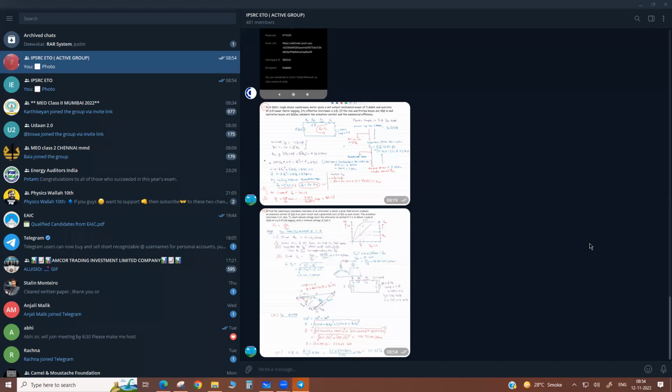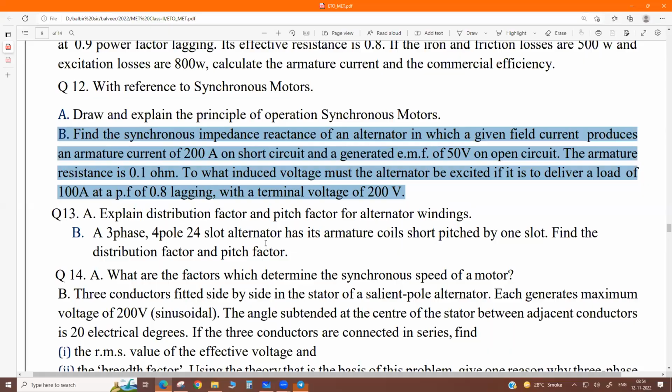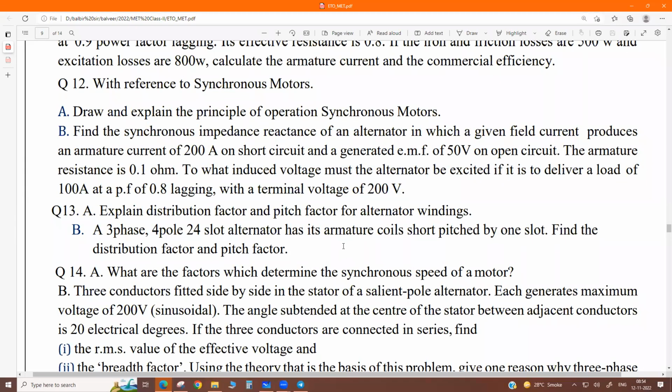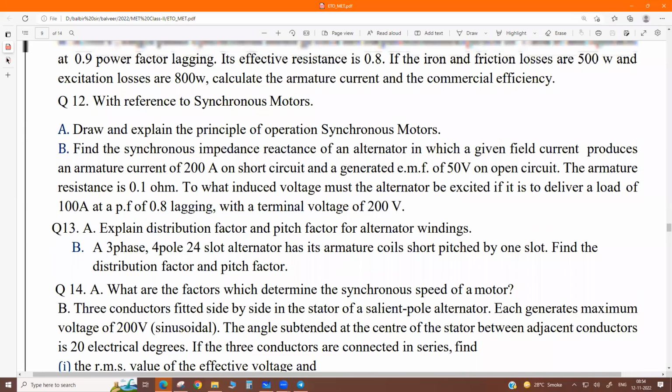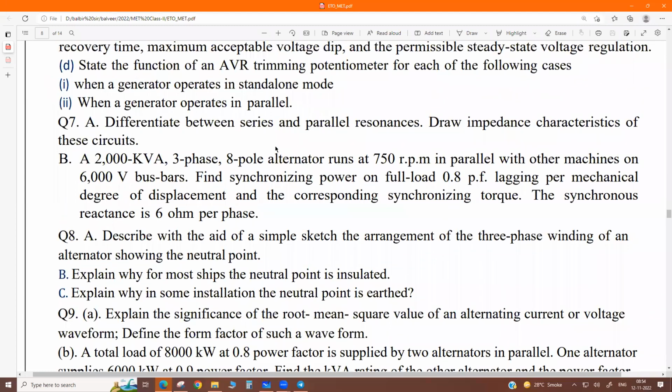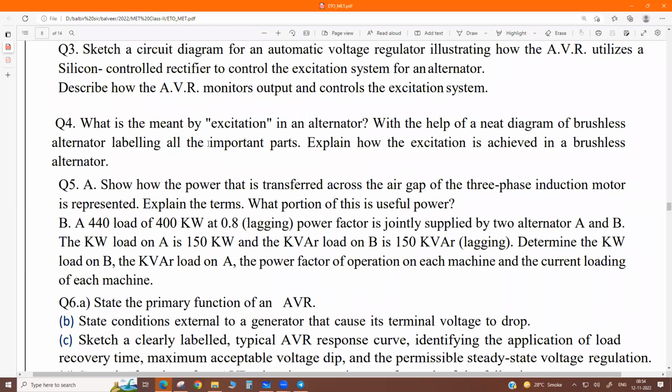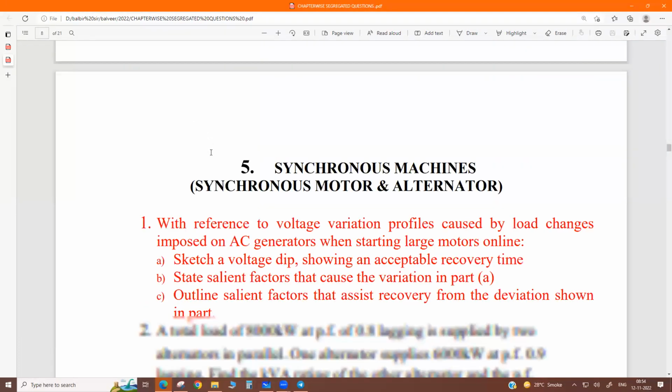Excellent. Okay, dear. So now in the evening there is a class. See, this is complete now. No numericals are remaining here. In the evening we discuss the remaining questions from your ETO set, chapter wise.